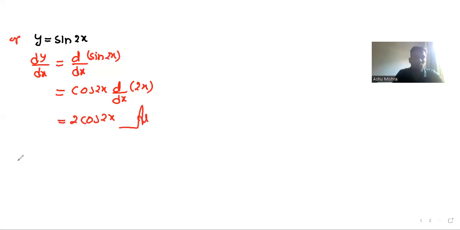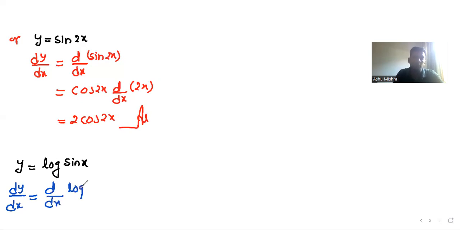Suppose you have one more question. y is equal to log base e of sin x. Find dy over dx. That means first you should do dy over dx is equal to d over dx of log sin x.